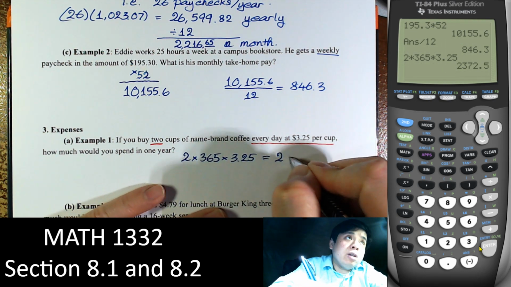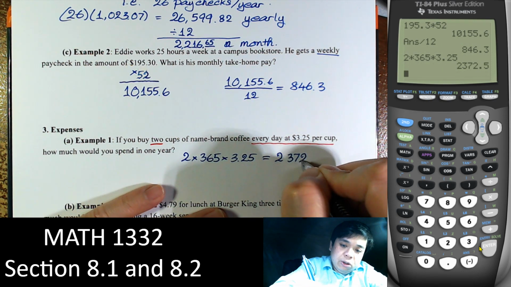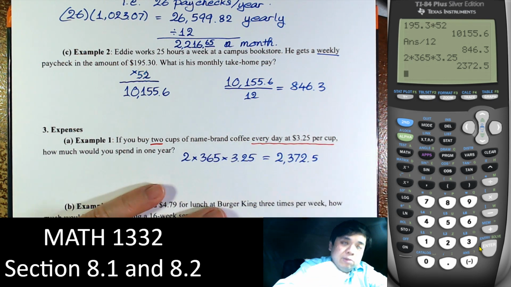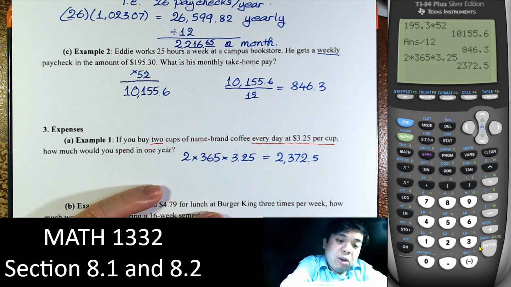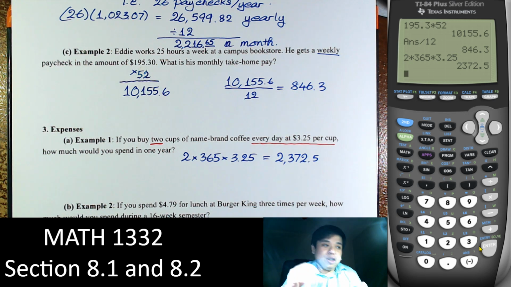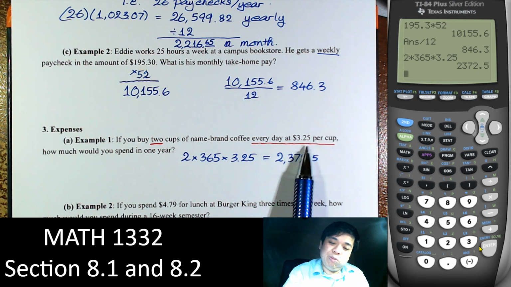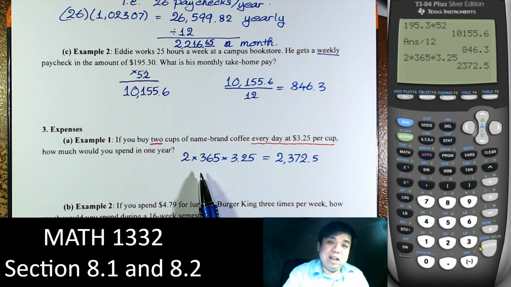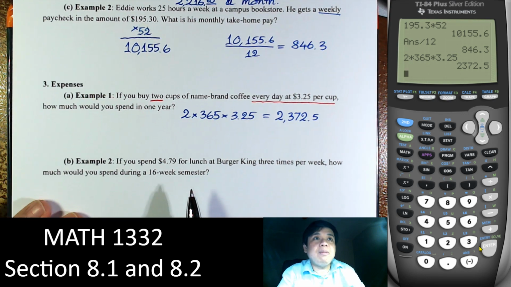That gives 2,372.5. So that's how much we have to pay for coffees if we have 2 cups a day, every day. Right, next.